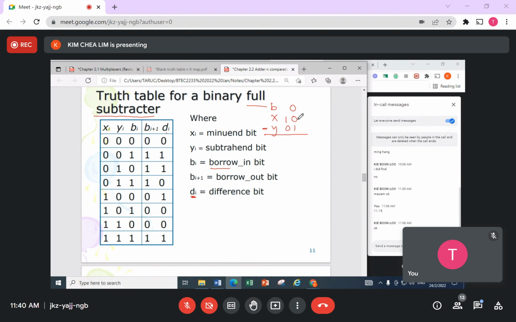You always ask, 0 minus 1: is there a difference? If your answer is yes, 1; no, 0. Is there a difference? Do you borrow anything? So you borrow, and this one becomes a 0.